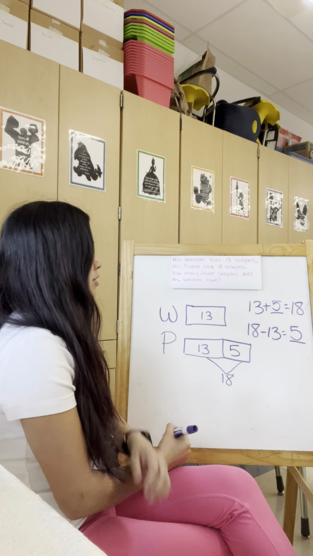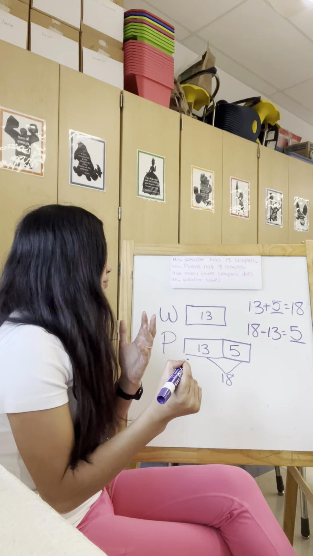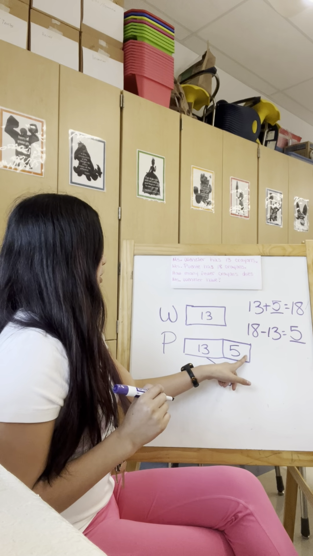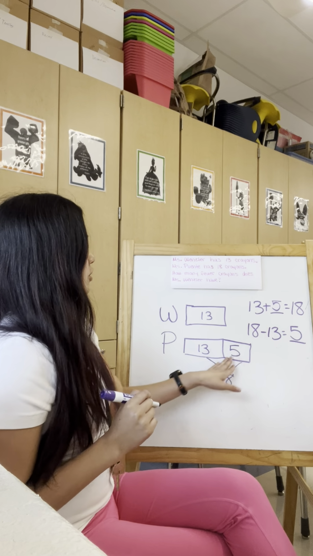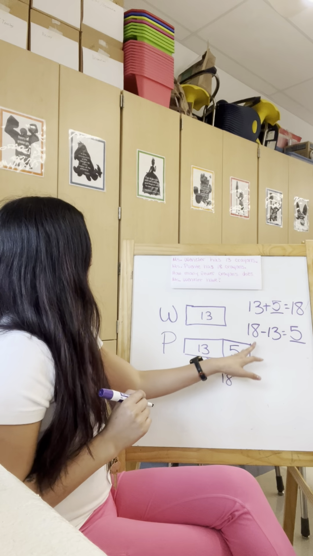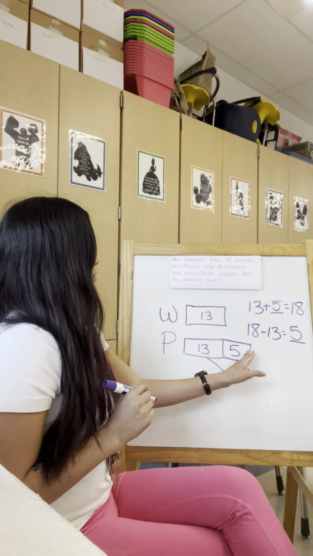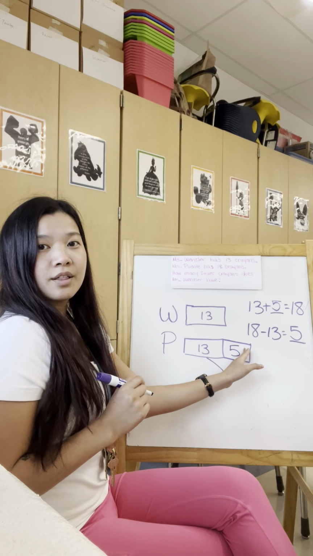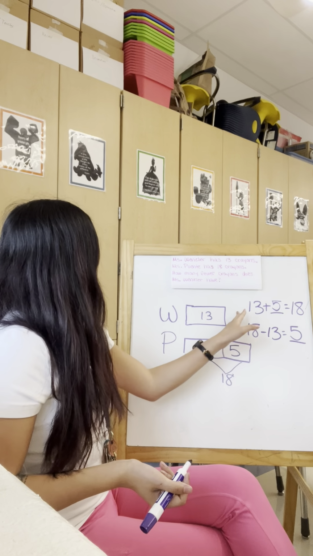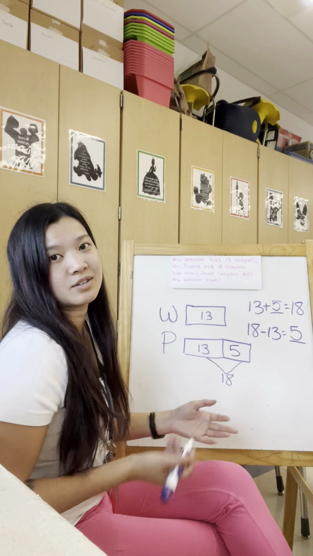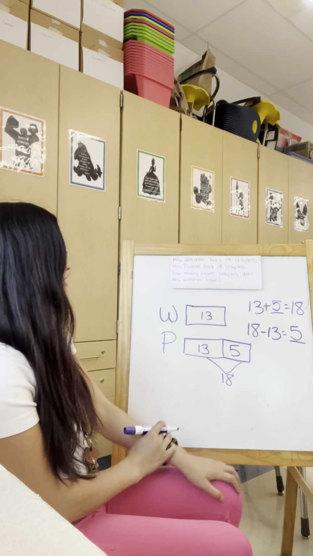So I need to think about it the other way around. If I know that Miss Puente has 5 more crayons, think about it like 5 extra crayons. These are crayons that Miss Wentzler doesn't have. If Miss Puente has 5 more crayons, that must mean that Miss Wentzler has 5 fewer or 5 less crayons. So that's what I'm going to write for my statement.